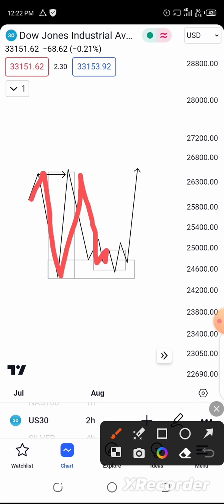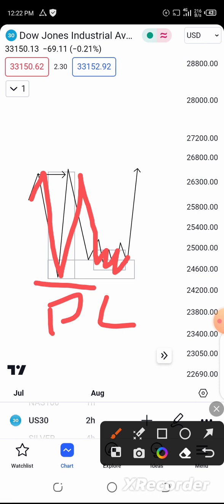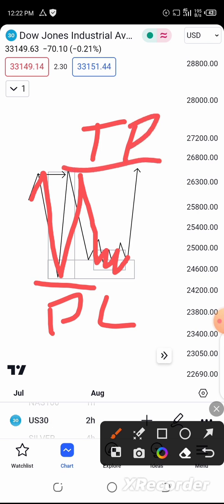It gives you a weak to strong hand transfer, still maintaining this low because this low will be protected. This will be the take profit area. So you look to take profit at these areas. That's what you'd look for: a weak to strong hand transfer.